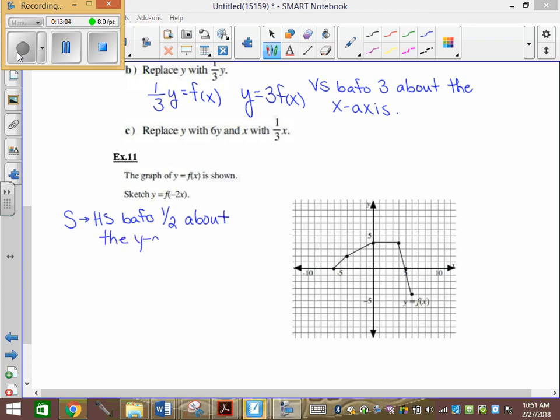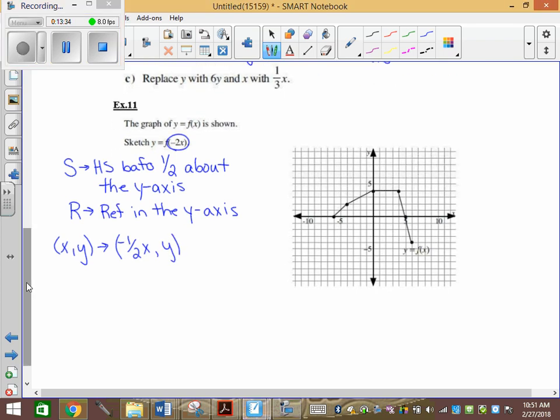Horizontal stretch is always flipped. The answer to it not flipping will be there, and you'll be wrong. So don't do that. Reflection in the y-axis. That's why there's a negative, right? All of it's affecting the x, so what's going to happen to all my y's? Staying the same. So (x, y) becomes (negative 1/2 x, y).